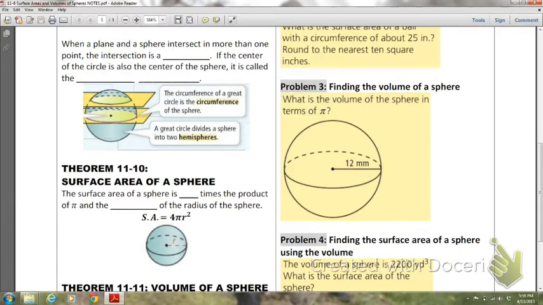Now, when a plane and a sphere intersect in more than one point, the intersection is always going to be a circle. So the two-dimensional figure that's on the plane that passes through a sphere is going to be a circle. If the center of the circle is also the center of the sphere, like this one in the middle, it's called the great circle.